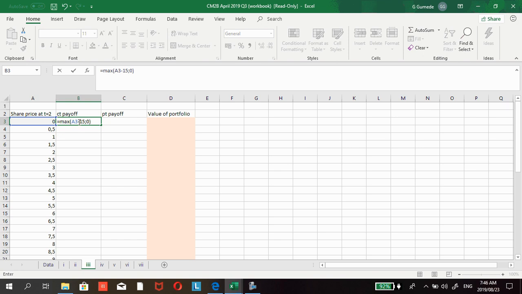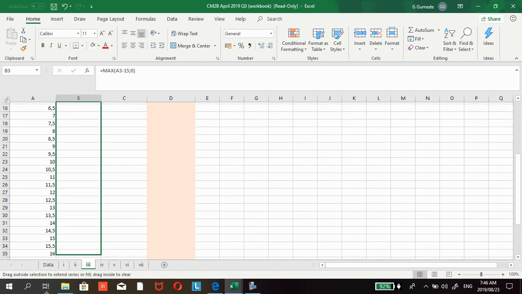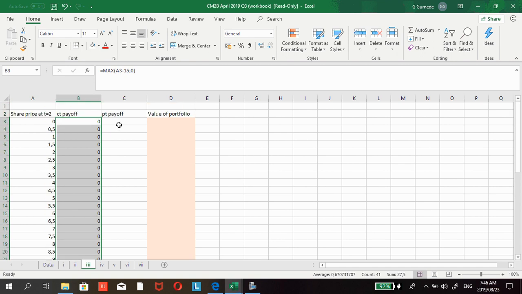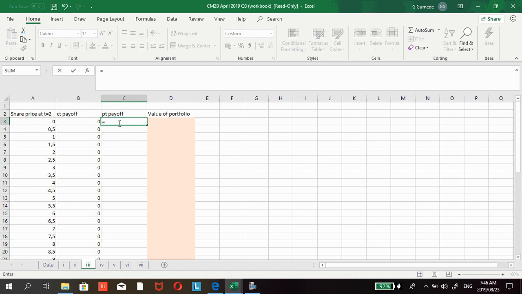If the maximum is this, this formula will give you this value. If the maximum is 0, it will give 0. Okay. Then I'm going to press equal to, then I'm going to drag this down all the way to the share price of 20.